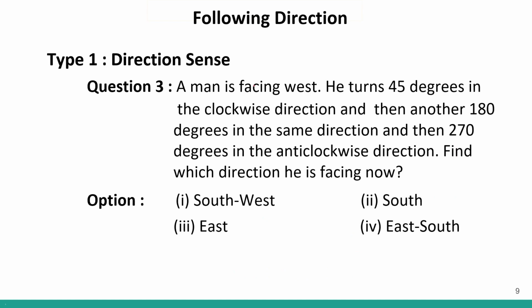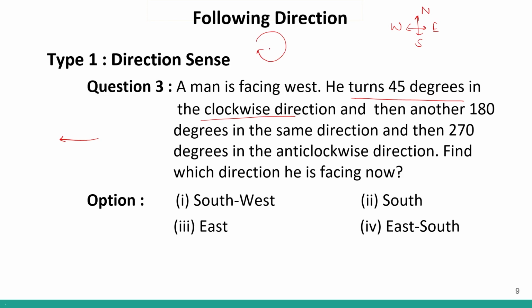Now a man is facing west. So west is which direction? North, south, west and east. So the man is facing this direction, the west direction, right? He turns 45 degrees in the clockwise direction. So I told you clockwise will be like this.